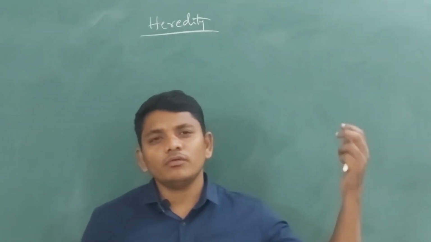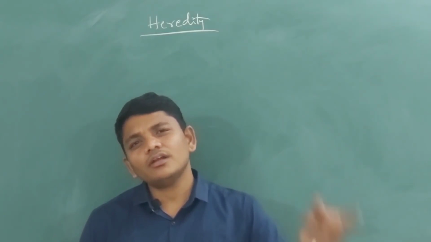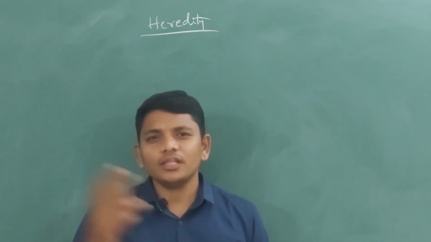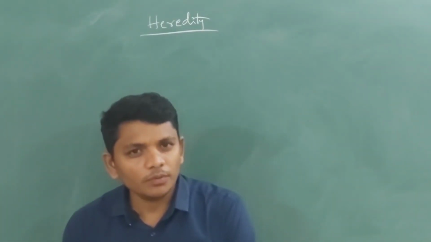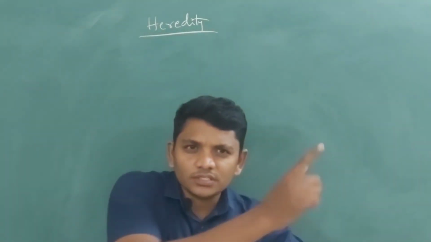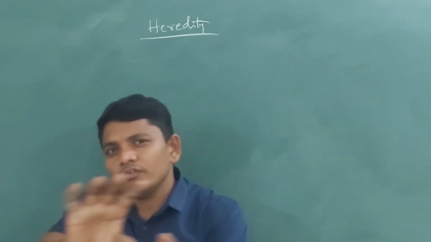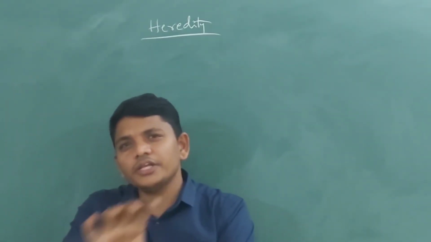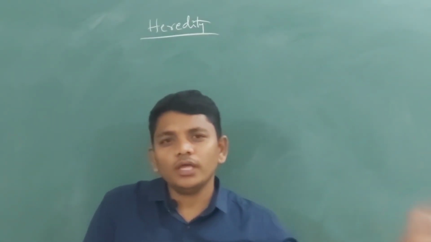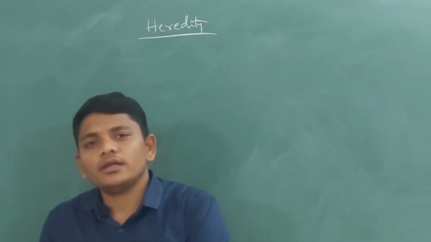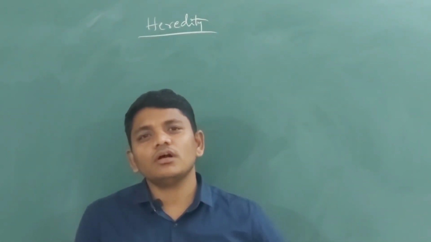For example, once upon a time there was an ape, and a lot of changes occurred, and then the human being came from it. A lot of variations occurred there. That is why all these variations and changes lead to evolution. Evolution means a change. So here is the ape, and here is the man. The man came from the ape. So this is called evolution.